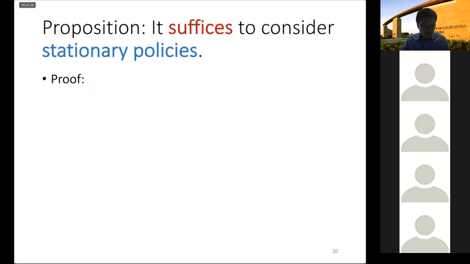Okay, so here's how we're going to prove this. It suffices to consider stationary policies. Let me first quantify what I mean by this statement.